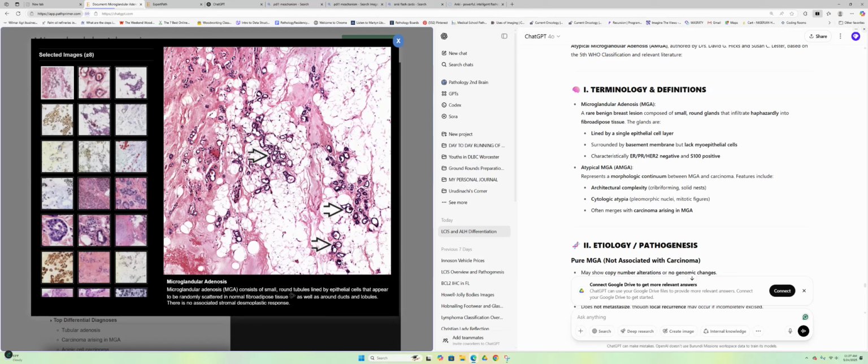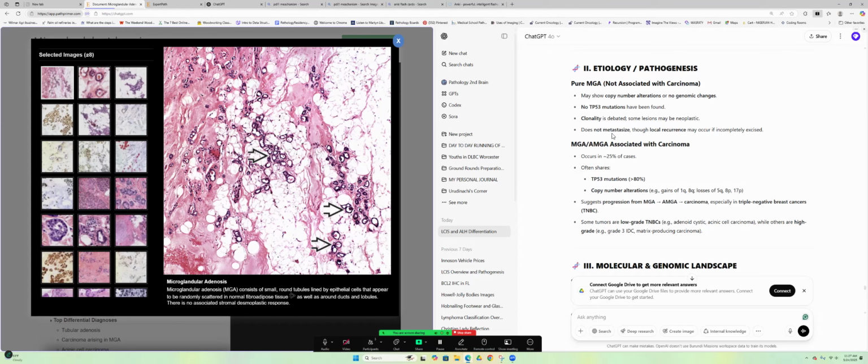They may show copy number alterations, no genomic changes, no TP53 mutation, clonality is debated, and it does not metastasize. But atypical microglandular adenosis is associated with carcinoma, which occurs in 25% of cases, and is associated with TP53 mutations and copy number alterations. So the progression is from microglandular adenosis to atypical microglandular adenosis to triple negative carcinoma.